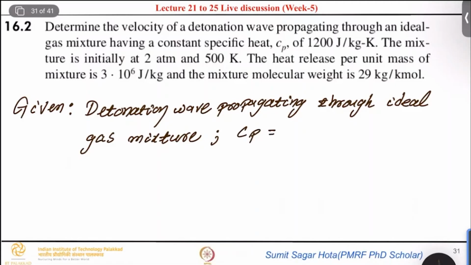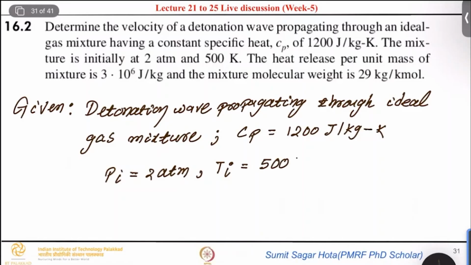Cp is given as 1200 joule per kg Kelvin. Pi is 2 atm. Ti is 500 Kelvin.